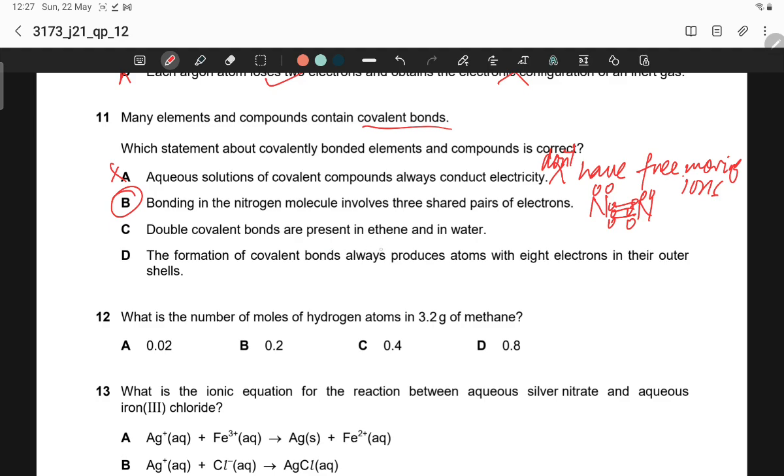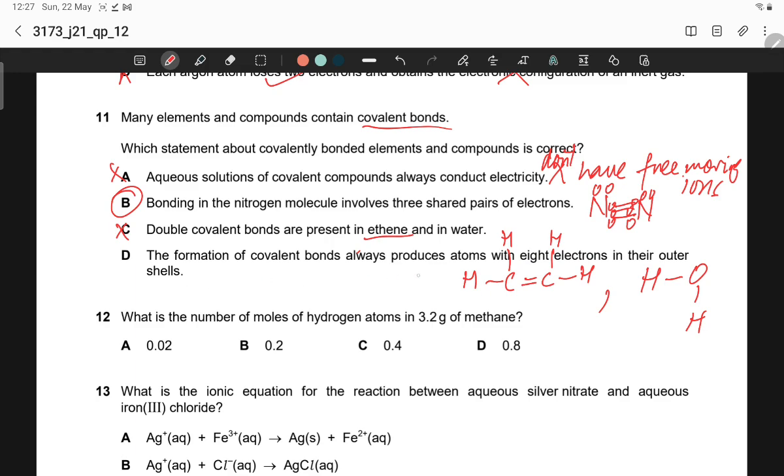Double covalent bonds are present in ethene and in water. In ethene a double bond is present, but in water single bonds are there. So this is also incorrect.